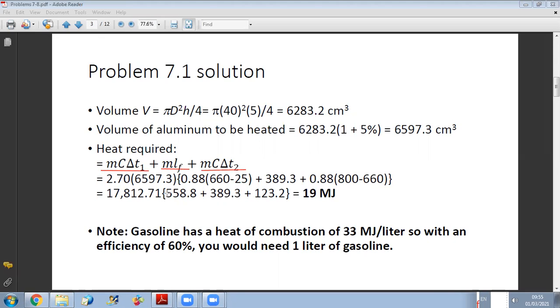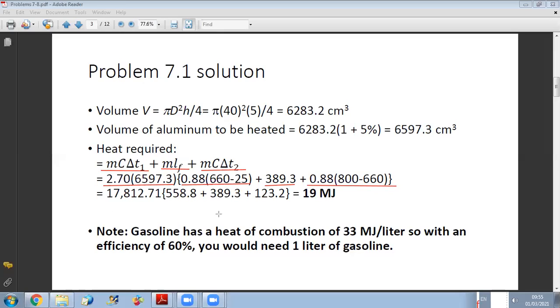So as we have seen together, you can factor out the mass, which is rho times V, because M is common to the three terms. Then for the first one, it's C delta T1. For the second one, it's the latent heat of fusion. And for the third one, it's M times C delta T2, which is the pouring temperature minus the melting temperature.